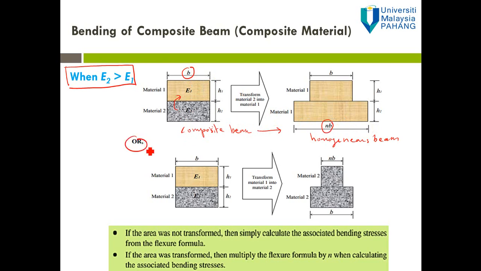Or we can also transform material 1 into material 2. Because E1 is less than E2, after transformation the transformed area of material 1 becomes smaller, and the original width B becomes nB. Why does the width become smaller?